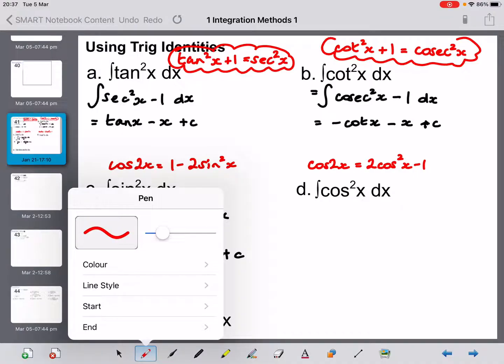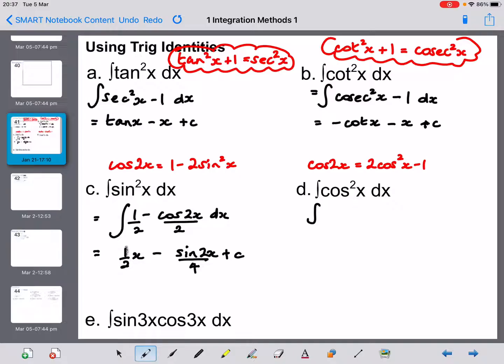Again, if we rearrange that to make cos squared the subject, we add the 1 and then divide everything by 2, and it'll look like that. So it's really similar to sine squared.